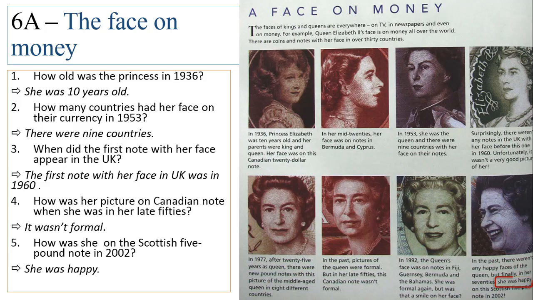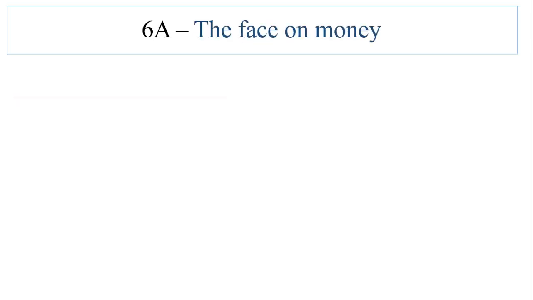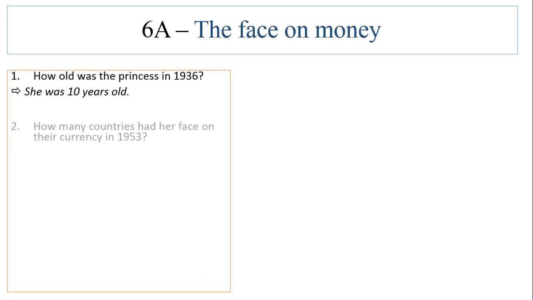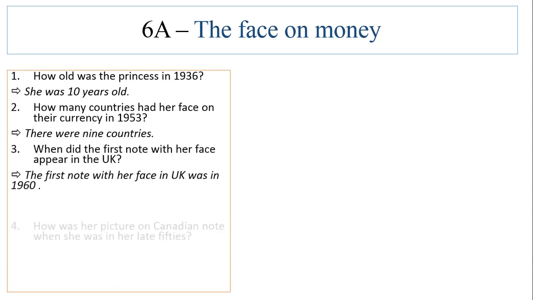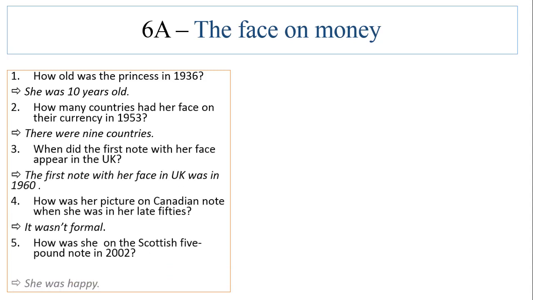I would like you to move on with the next part, that is the grammar point. At first, let's look back at what we got for task 1. Okay, now I would like you to pay attention to the circled words.